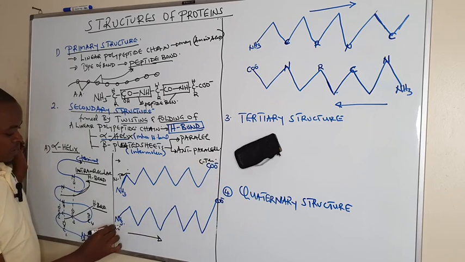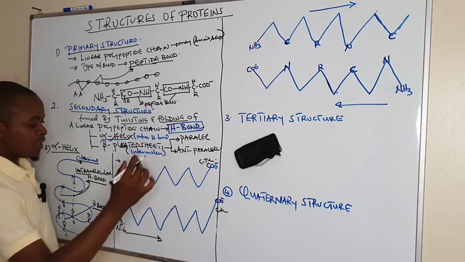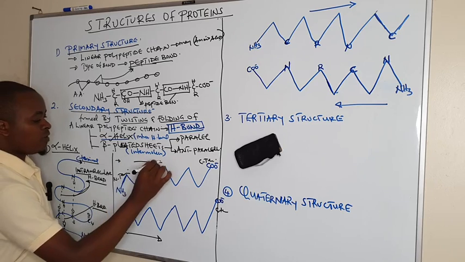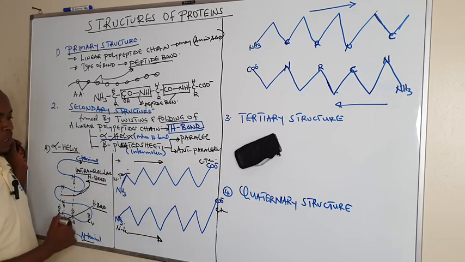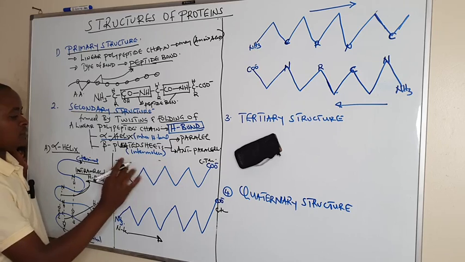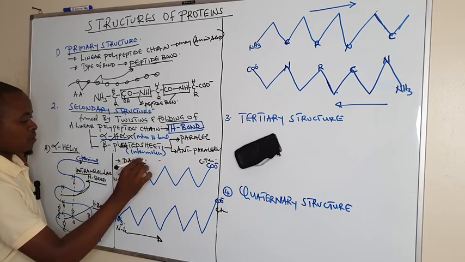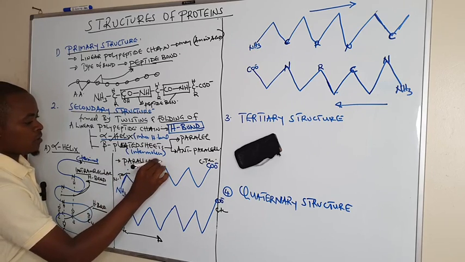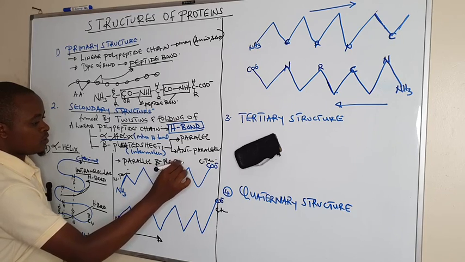Even this is from N terminal to C terminal. So these are parallel. They are all moving in the same direction. So this is what we call parallel beta pleated sheets. So we can name it parallel beta pleated sheet.